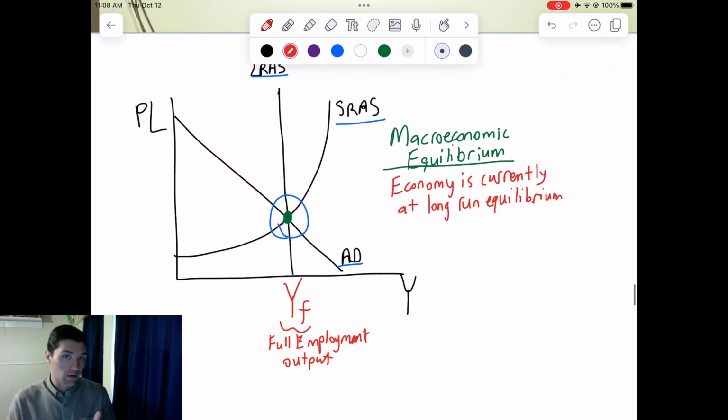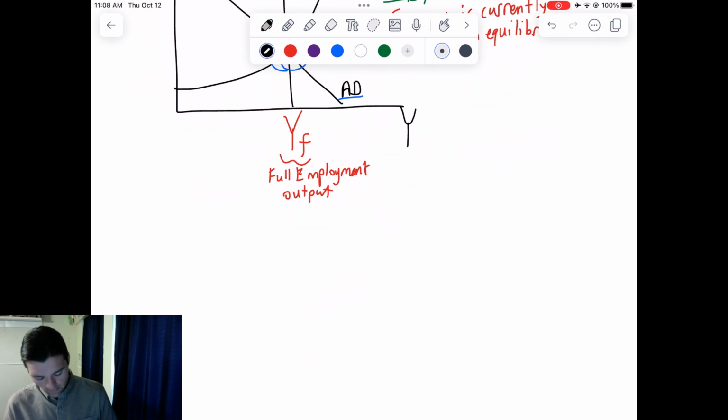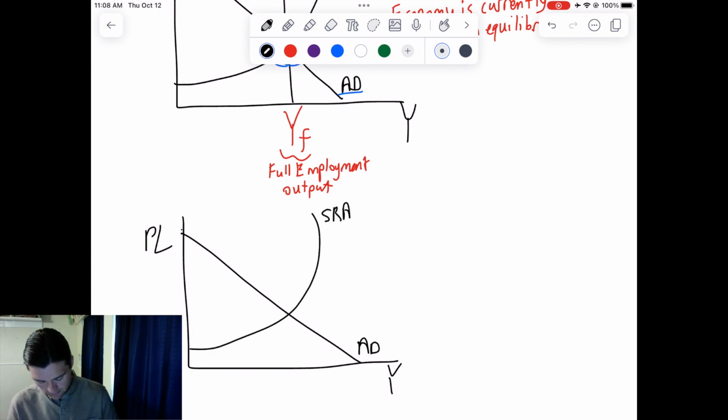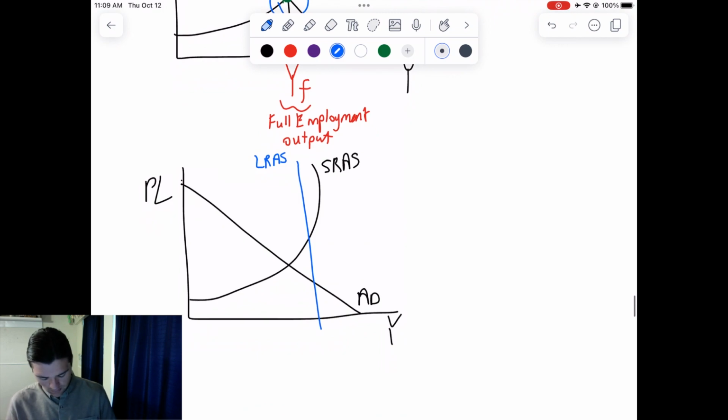Wherever that long-run aggregate supply curve is, that is your potential. If we had a situation where we do the same thing, we have an aggregate demand curve, we have a short-run aggregate supply curve, and then your long run is here. Okay, so this right here is your YF.